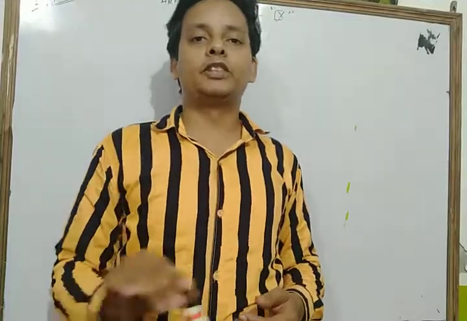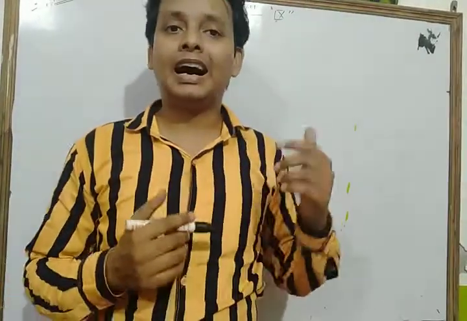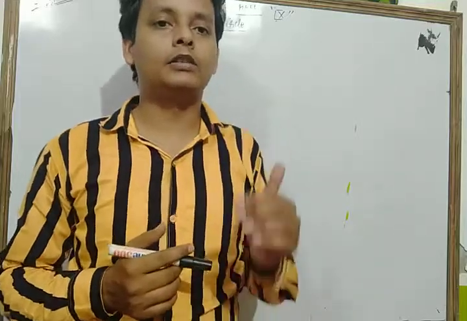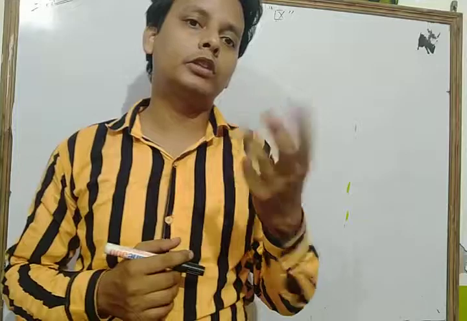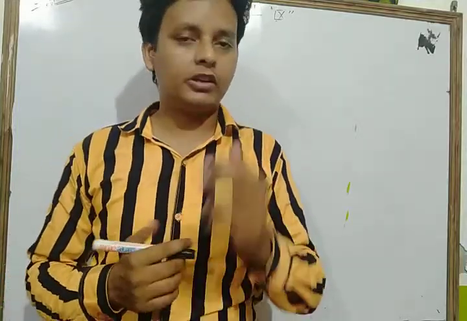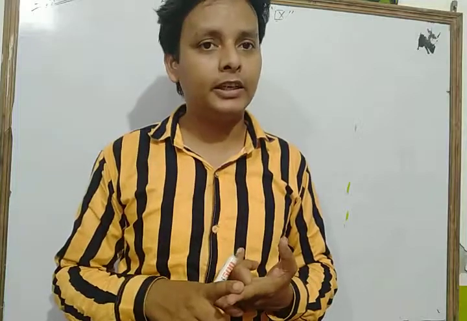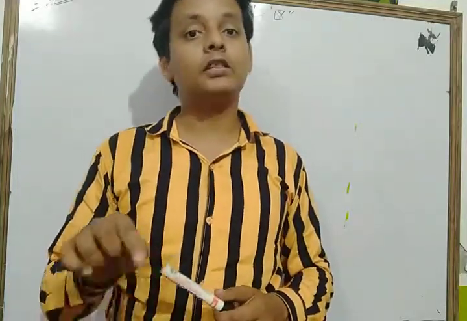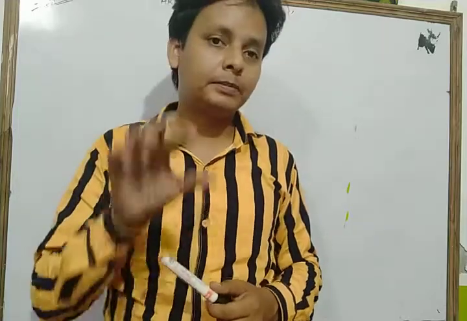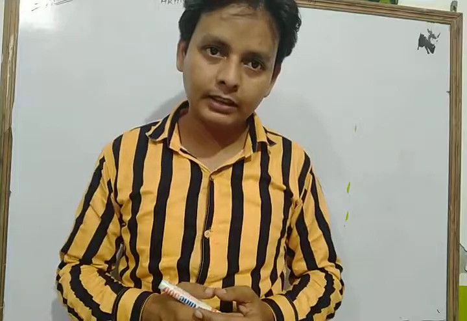Dear students, in the previous class we discussed the topic of arcs and the angle subtended by an arc, and we have three results. First, the angle subtended by an arc at the center of the circle is double the angle subtended by it at any point on the remaining part of the circle.